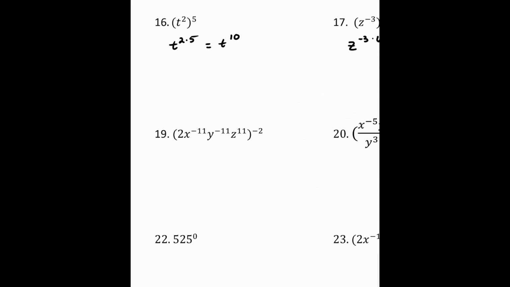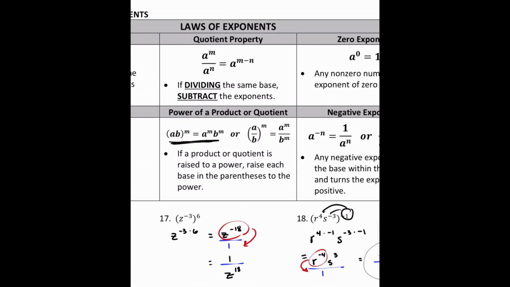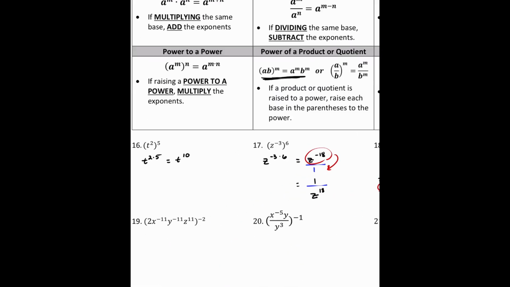Okay, number 19. Again, we have a power of a product. We're going to distribute the exponent of negative 2 to each of those bases.